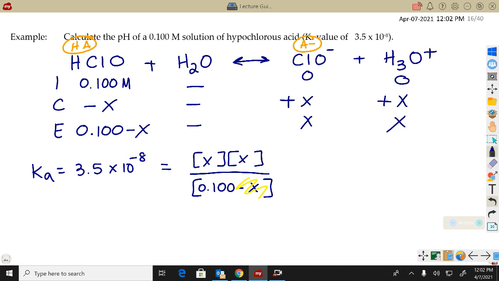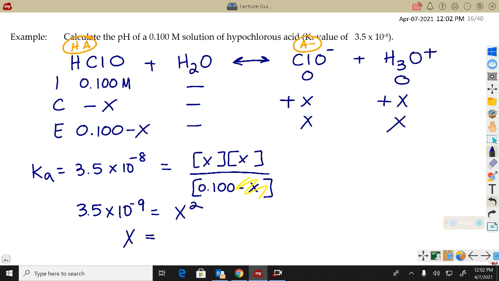Awesome. Okay, so then I got my 3.5 times 10 to the negative 8. Cross multiply times 0.1. Well, that's easy, right? That's just my 3.5 times 10 to the negative 9. And that equals X squared. So I can just take the square root and bingo.